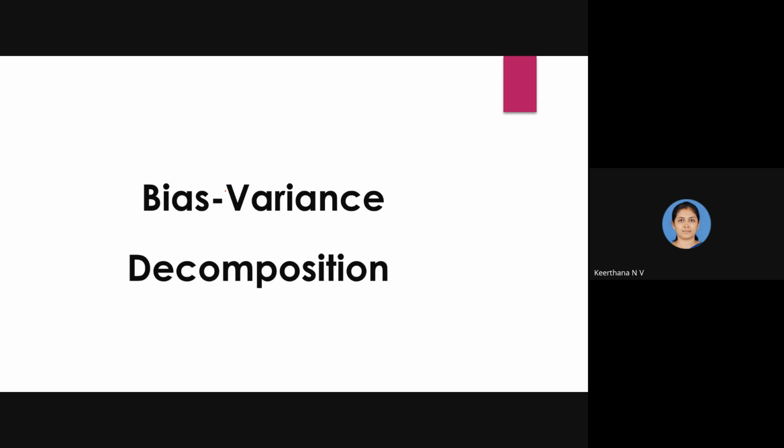So next thing is bias variance decomposition. Why are we going for bias variance decomposition? It is a fundamental concept in machine learning and statistics that helps to understand and analyze the sources of error in predictive models, and this bias variance decomposition provides insights into how different sources of errors are contributing to the overall prediction errors.